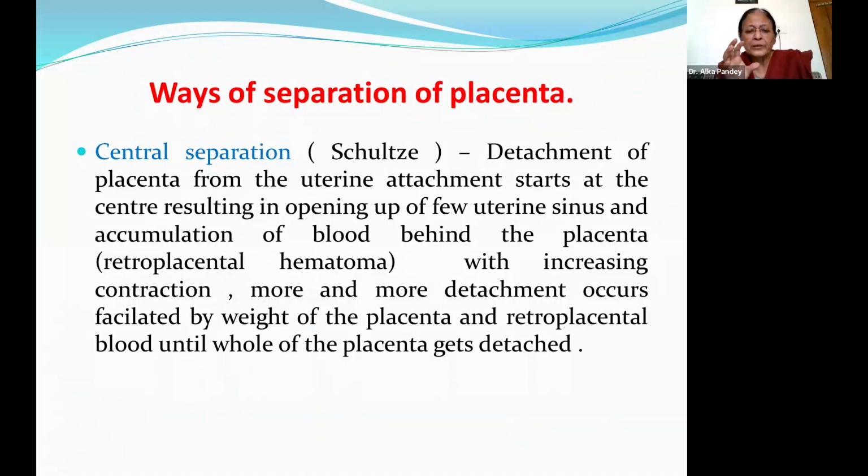There is formation of a retroplacental hematoma, which goes on increasing in size, and this causes detachment of the placenta from the uterine attachment. With increasing contraction, more and more detachment occurs, facilitated by the weight of the placenta and retroplacental blood, until the whole of the placenta gets detached. Next.